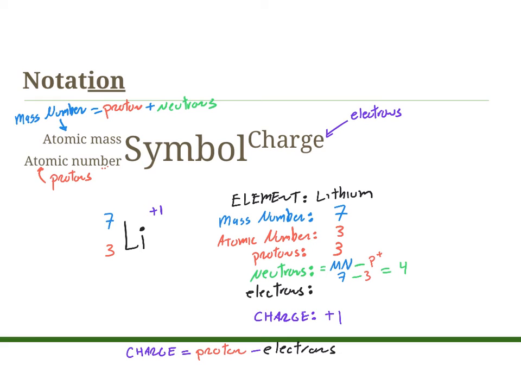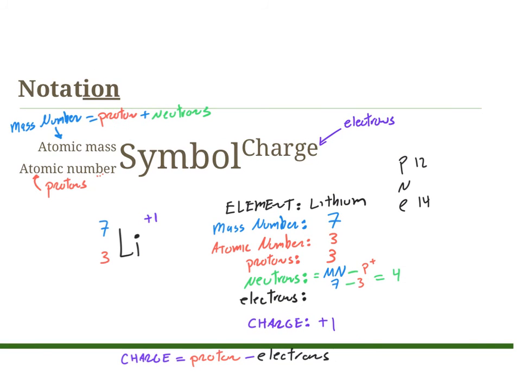So if I look at the formula, charge is equal to protons minus electrons is really what it should be. In the case of this example, I know that I have a charge of +1, and I have the number of protons to be 3, and I'm trying to figure out the number of electrons.